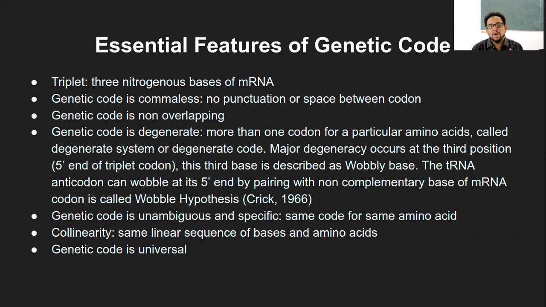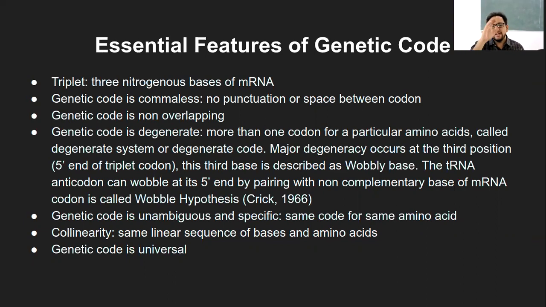It is non-overlapping. Non-overlapping in the sense the first triplet code or first 3 nucleotide bases will not overlap with the second triplet or second codon. These will be separate. So first 3, then 4, 5, 6 will be the next codon, then 7, 8, 9 will be the next codon.